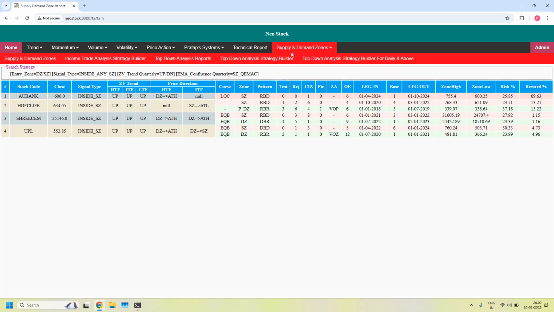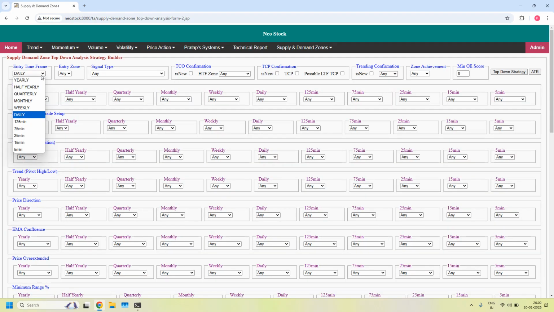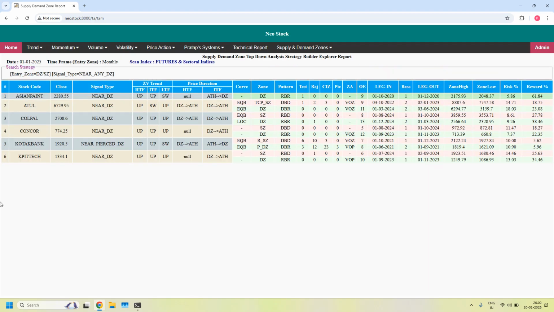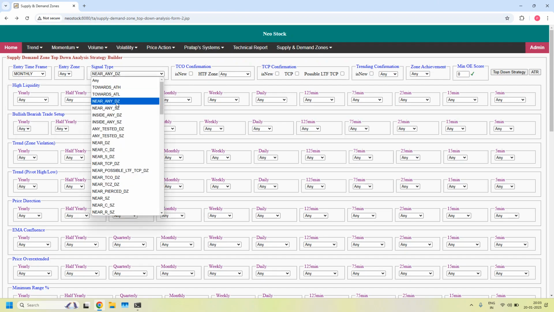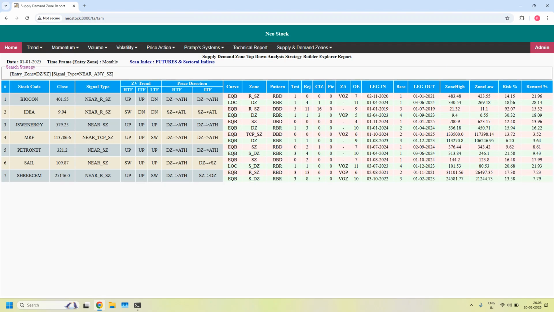Okay, the next time frame is monthly. Stocks near monthly demand zone. We got 6 stocks. Next, monthly time frame. Stocks near monthly supply zone. Got 7 stocks.